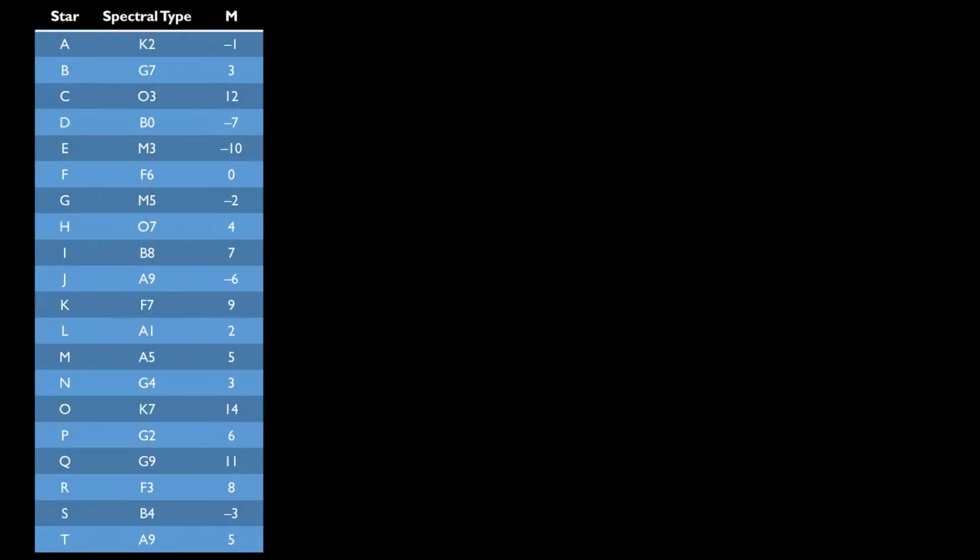Now let's say we have a whole list of stars and we know a bit of information about them, like their spectral types and their absolute magnitudes. This is enough information to get started on looking for a pattern among the star's characteristics. If we plotted them on a two-dimensional graph, we can see that there might be some sort of trend between their spectral types and their absolute magnitudes.